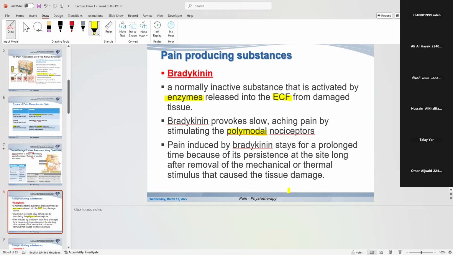Because it is present in the extracellular fluid, it remains there for quite a long time. For as long as bradykinin is present, the person keeps on feeling the pain. So though the initial cause of the damage is removed, because bradykinin is still present, the person will keep on feeling the pain. Okay? Okay, next please.